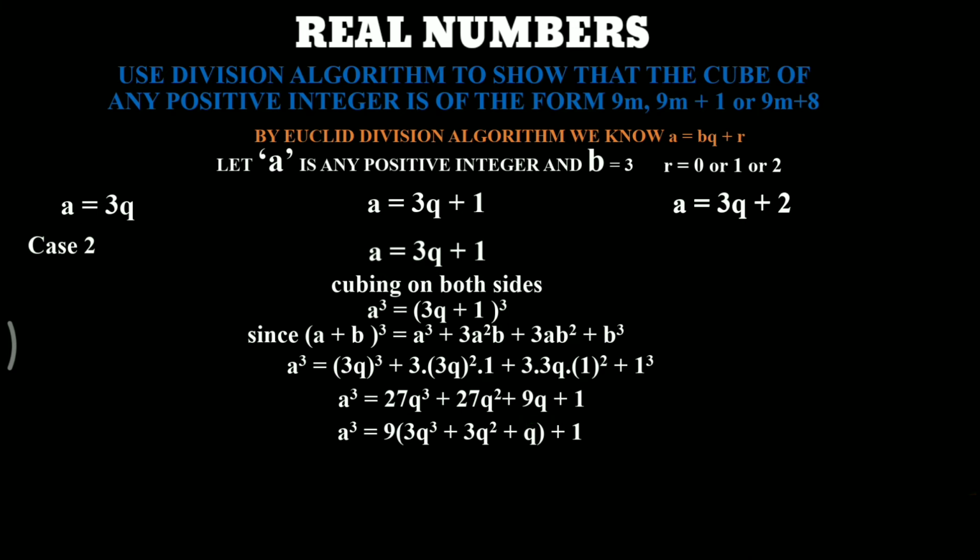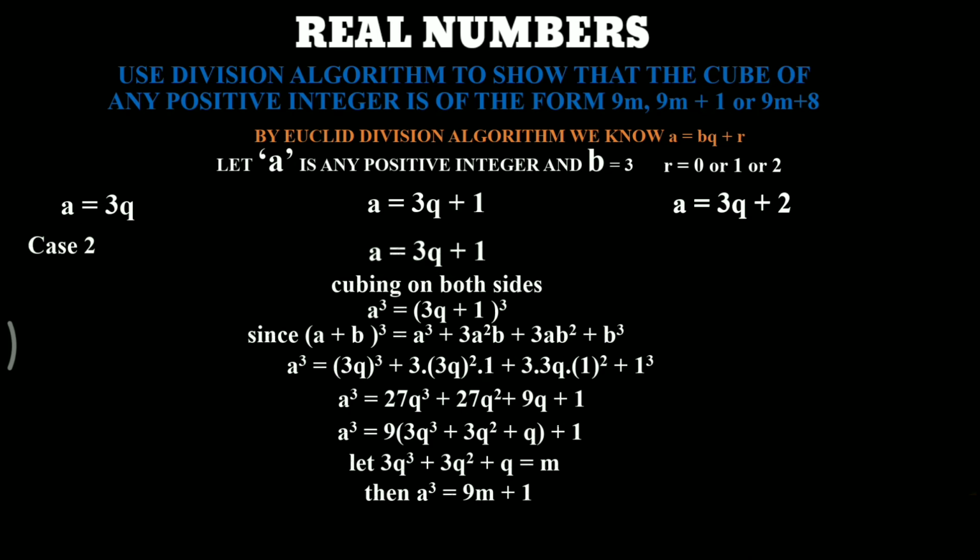So obviously it is correct. I am going to assume that this total value is equal to m. So finally I express that in the form of 9m plus 1. I assumed that 3q cube plus 3q square plus q is equal to m. So the second case I expressed in the form of 9m plus 1.